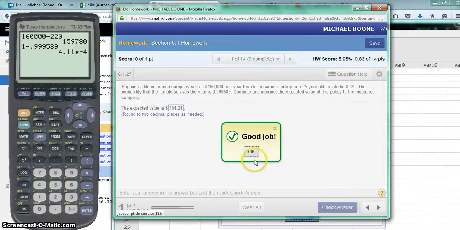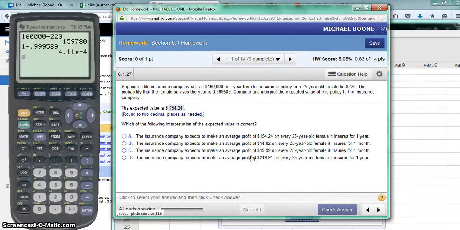And so our interpretation probably is the next part. Again, this is in regards to the insurance company. This is what they're going to make on average for every 25-year-old female that applies for life insurance, for a $160,000 life insurance policy.